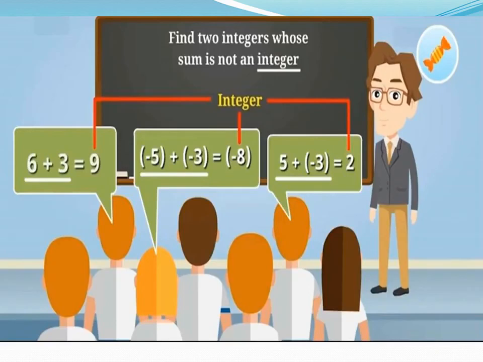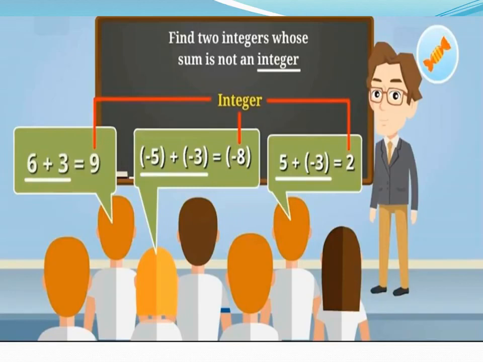Here we can observe, we take two positive integers 6, 3. The resulting sum 9 is also an integer. Suppose we take two negative integers and add them, the resulting sum is also an integer. Minus 5 plus minus 3 equals minus 8. And again another example, 5 plus minus 3 equals 2. So what can be said by observing all these examples?